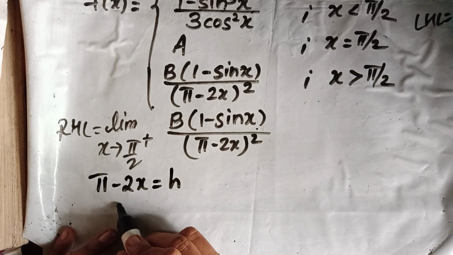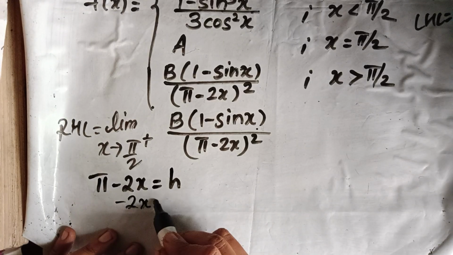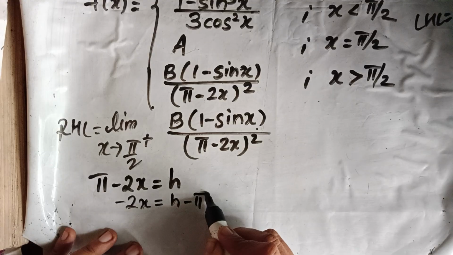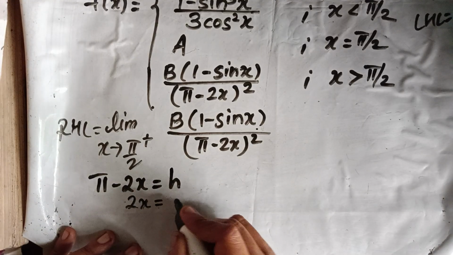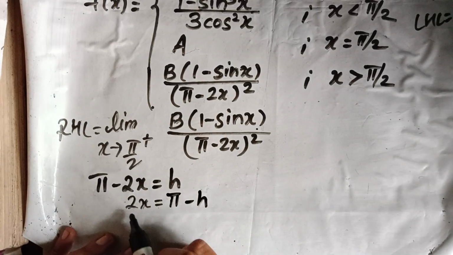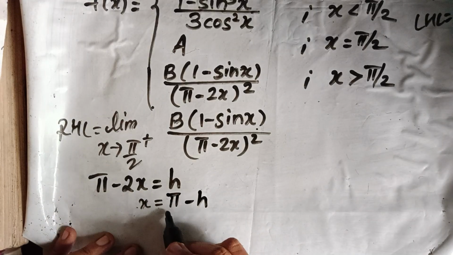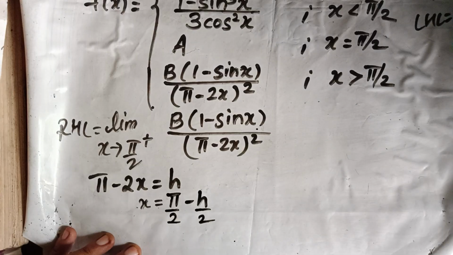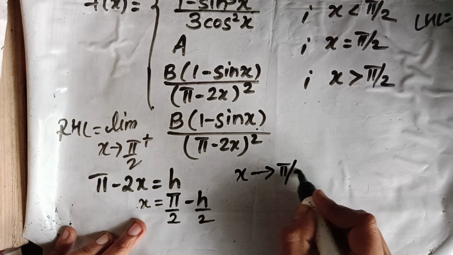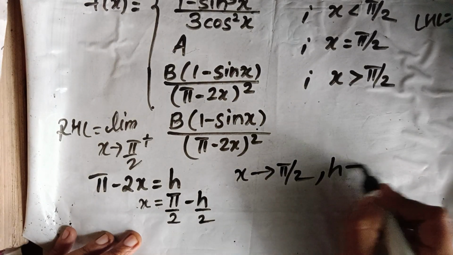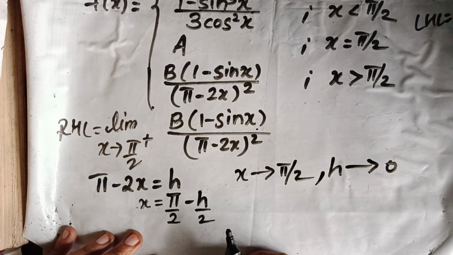Okay. So pi minus 2x equal to h, so minus 2x equal to h minus pi. So if I take this minus this side, it will be pi minus h. And if I am taking this 2 here, then it will be like this. So as x tends to pi by 2, our h tends to 0, right?